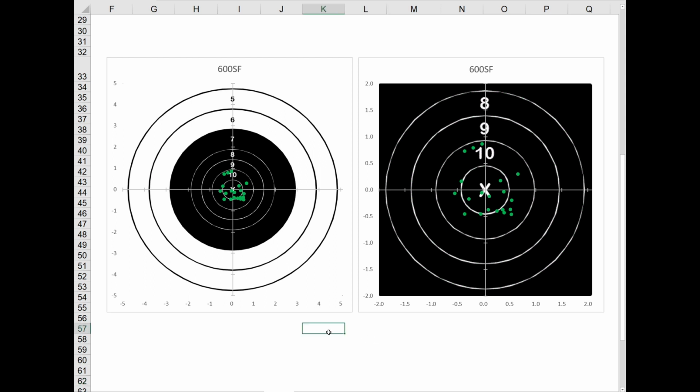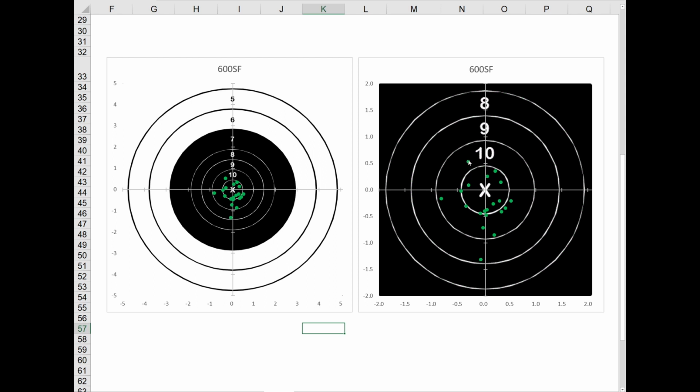So for example, let's find this group here. A lot of times shooters will look at this group and define the group size by taking the extreme spread between 2 shots, the furthest shots apart from each other. So that would be probably this shot and this shot here.